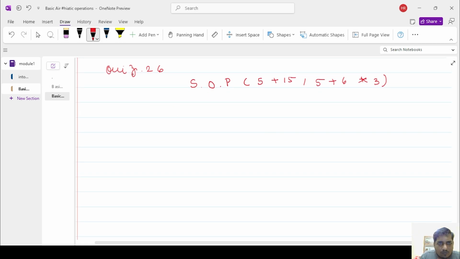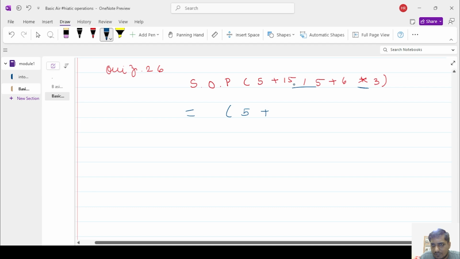Now what will we do? We solve according to the ranking order. Okay, so what does the ranking order say? In the equation we have to see the multiplication and division first. So here the division and after that multiplication comes. So here we write the 5 as it is.